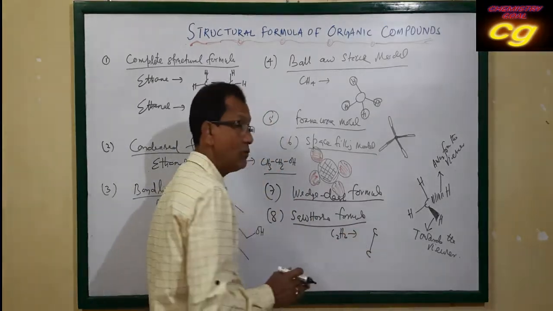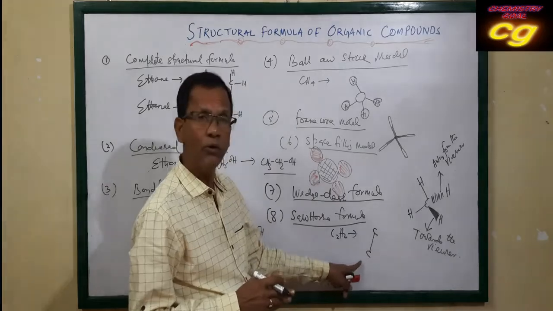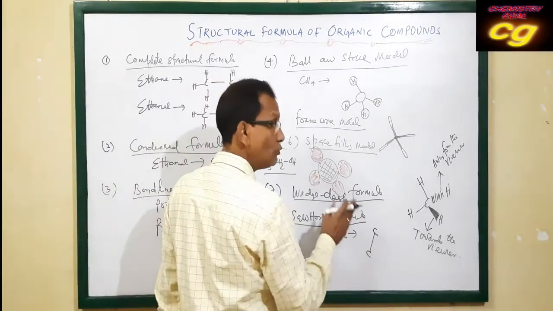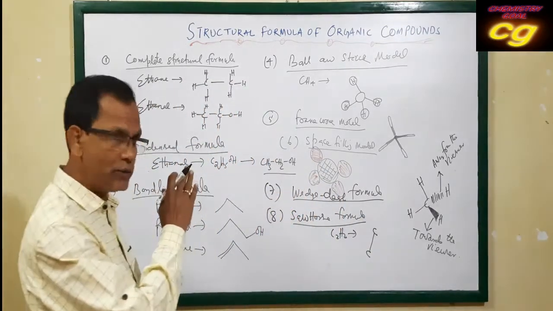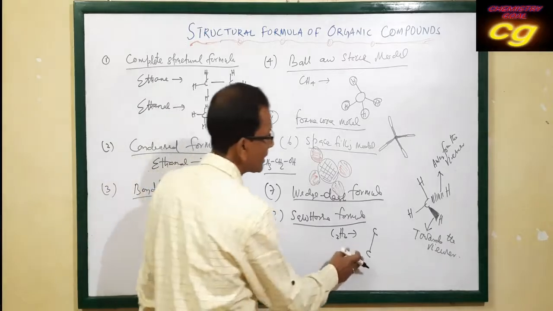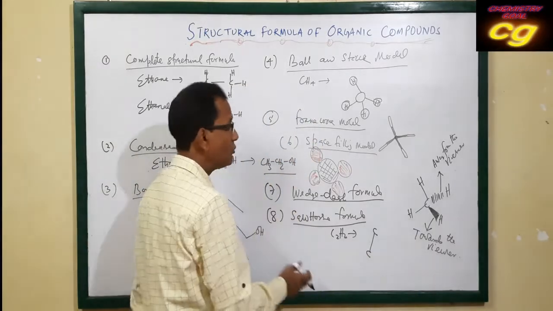One carbon will be above, another below, but the top carbon will be towards the right, and the bottom carbon towards the left, and it will be bent.